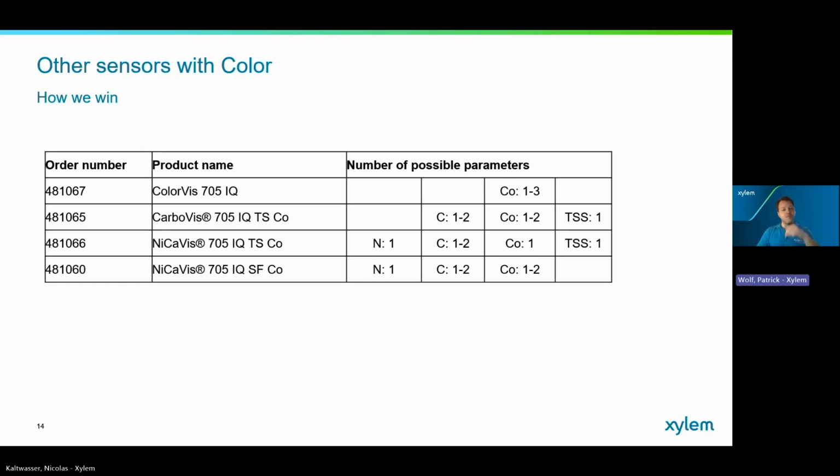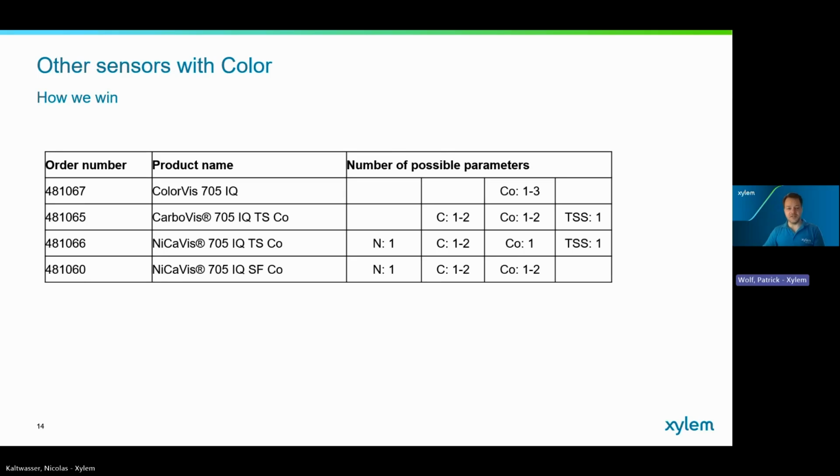One is compensated and one is not compensated, or both are compensated but with different factors. So this allows you at the very beginning really to fit the sensor to the customer's needs, and therefore we can pop up to 3 parameters. After some testing phase, it's probably clear which wavelength or which compensation fits best to lab values, and then the customer can just go on with that one sensor which is chosen.